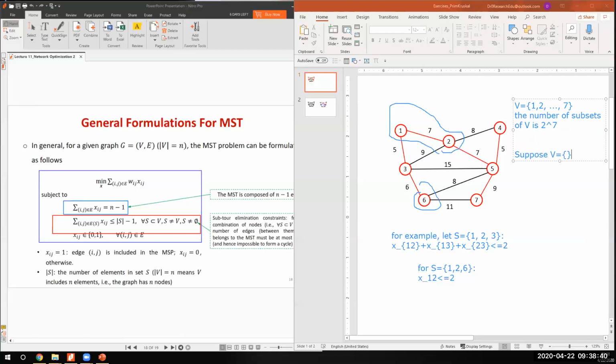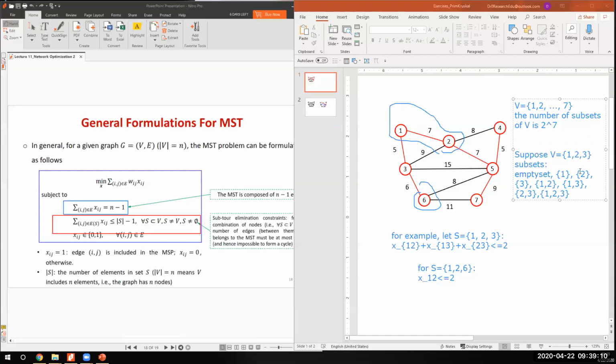Let's make my life easier. Suppose V equal to 1, 2, 3. So the subsets are what? Let's enumerate: empty set, then 1, 2, 3, then 1,2, then 1,3, then 2,3, then 1,2,3 itself.